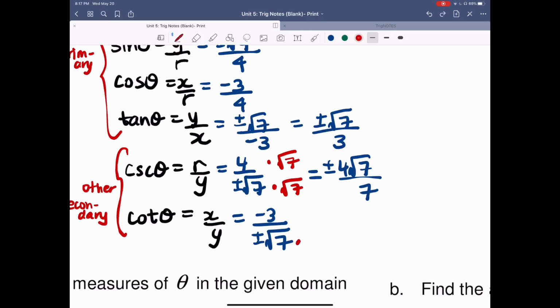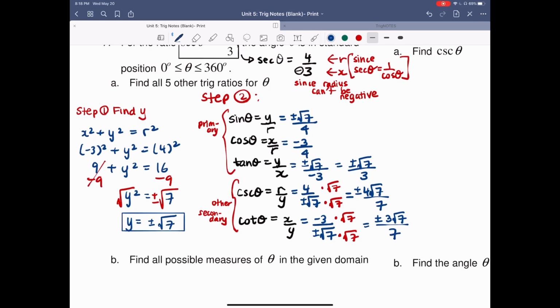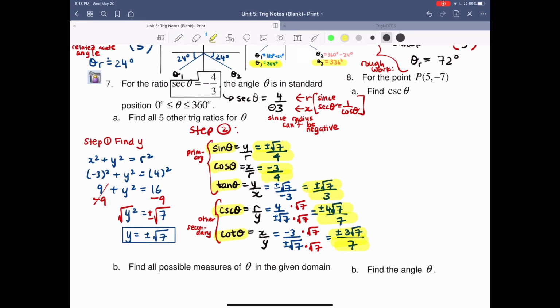I am going to multiply the top and bottom by square root of 7. So I'm going to get -3 square root 7 divided by plus minus square root 7, which is basically writing plus minus 3 square root 7 over 7. So that's your answer for part A.